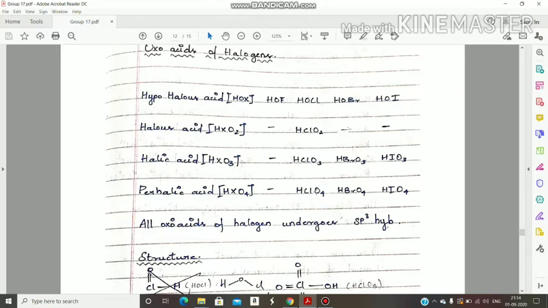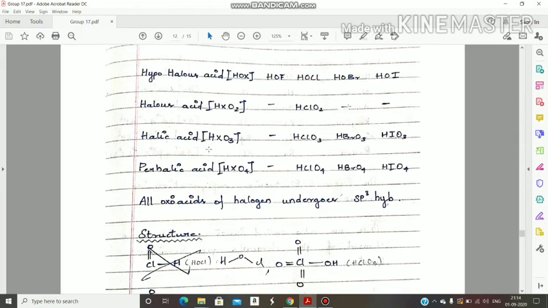Only this part we have to discuss about their structures. And one more important point, all oxo acids of halogens undergo sp3 hybridization, by using that formula, P equal to G plus M minus C by 2. If you use that formula, then we get a clear idea regarding hybridization.